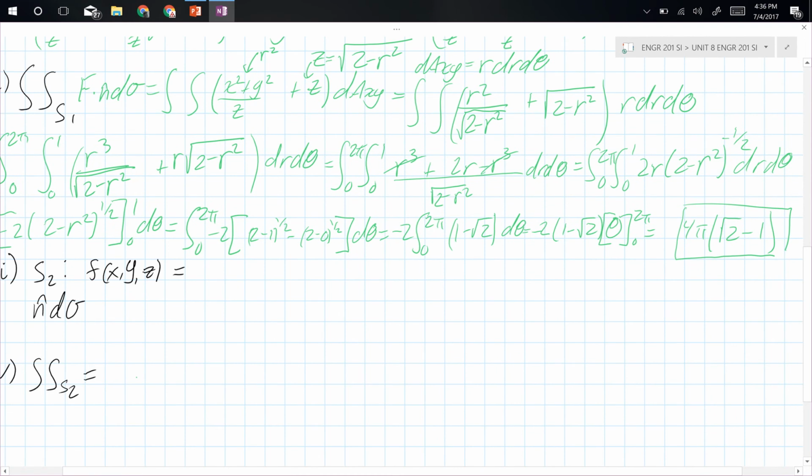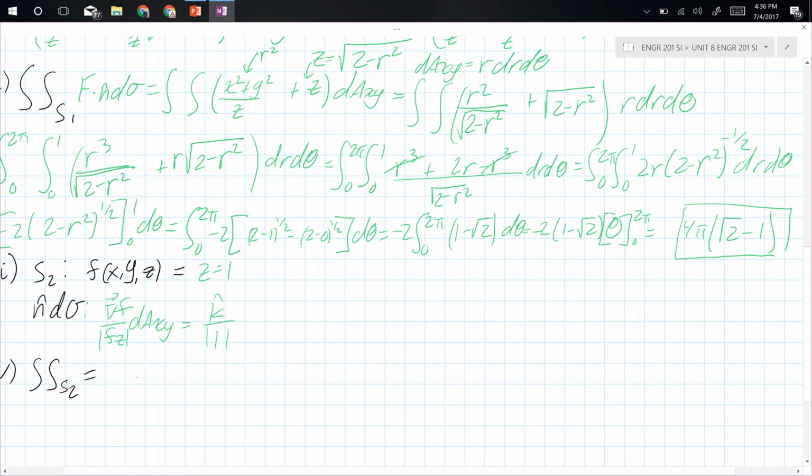So for S2, it's z equal to 1. So n hat d sigma is going to be del f over the magnitude of f_z, dA. In this case, our del f is just k, and f_z would be 1.